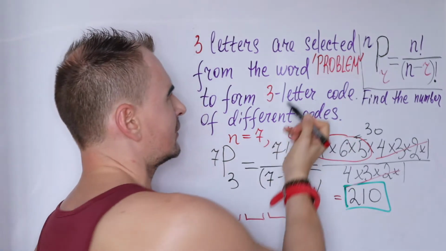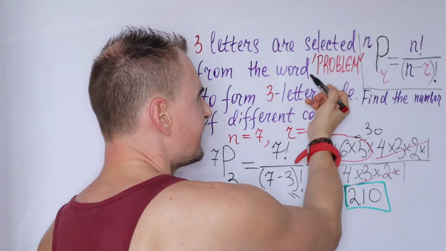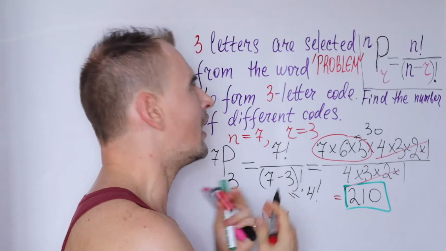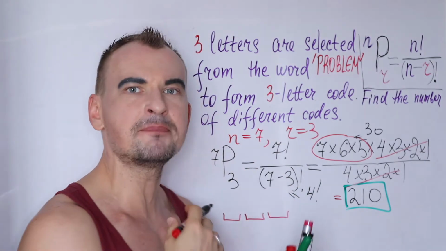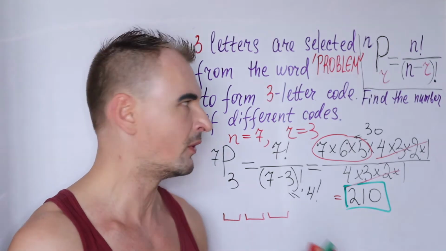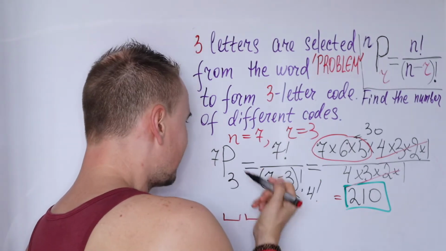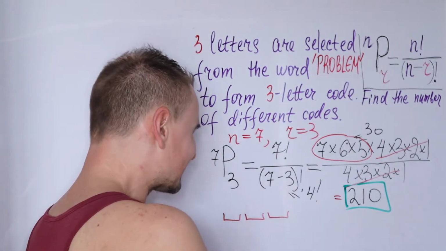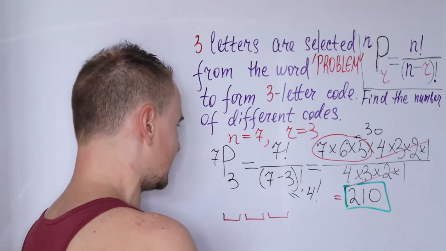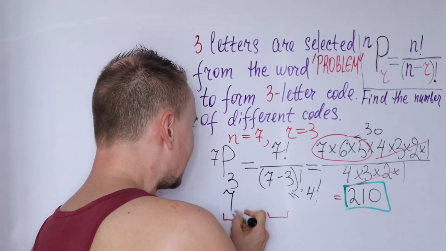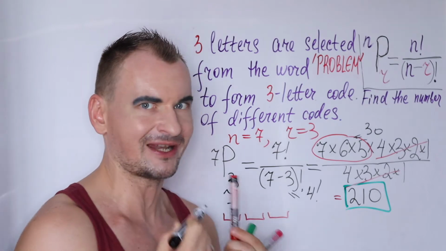I could either go for letter P, or for letter R, or for letter O, or for letter B, and so on, the list goes on. So you could basically have 7 different choices to select your first letter.